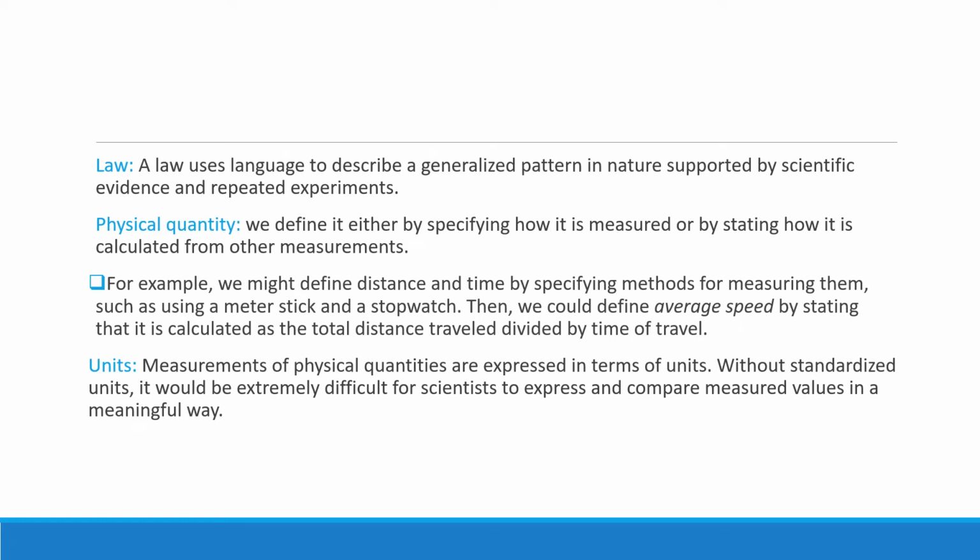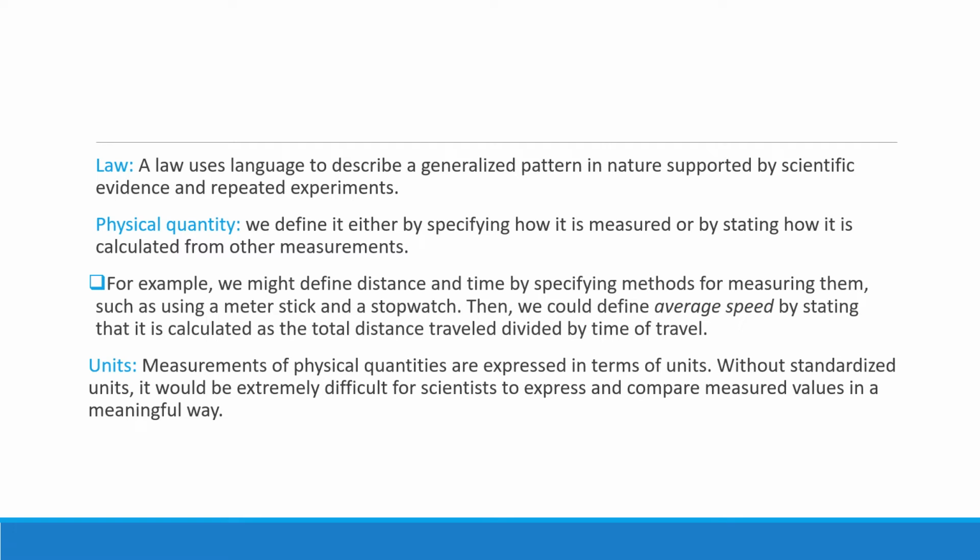Physical quantity. We define it either by specifying how it is measured or by stating how it is calculated from other measurements. For example, we might define distance and time by specifying methods for measuring them, such as using a meter stick and a stopwatch.